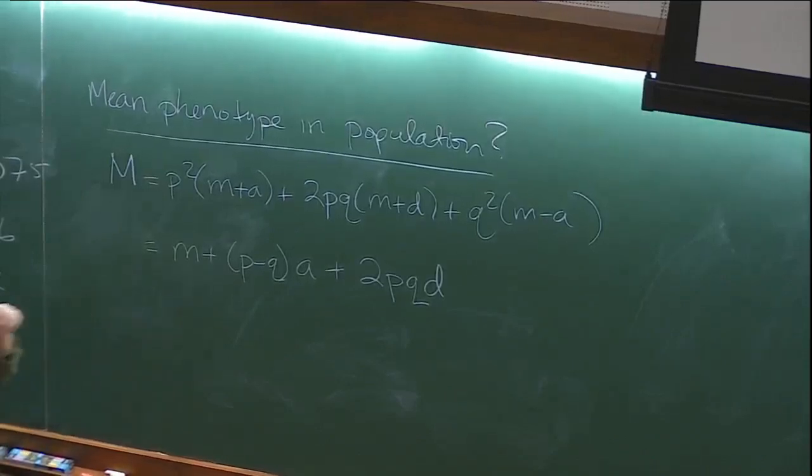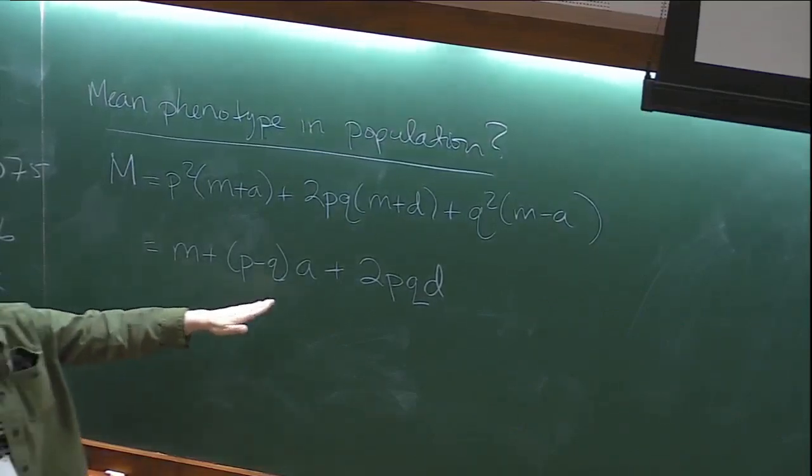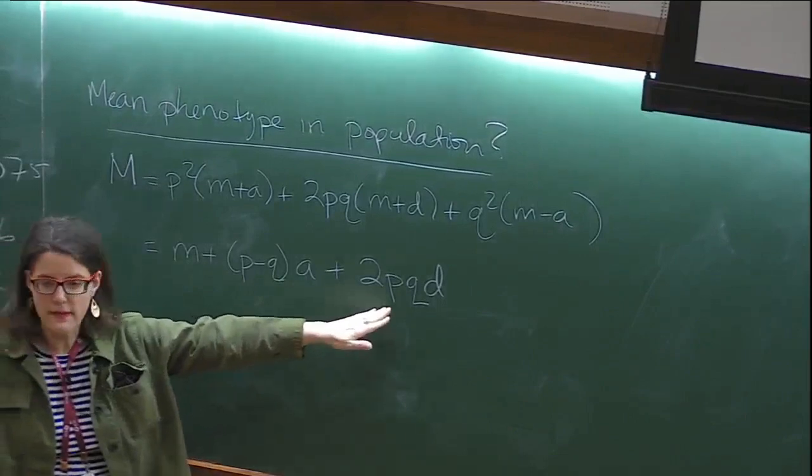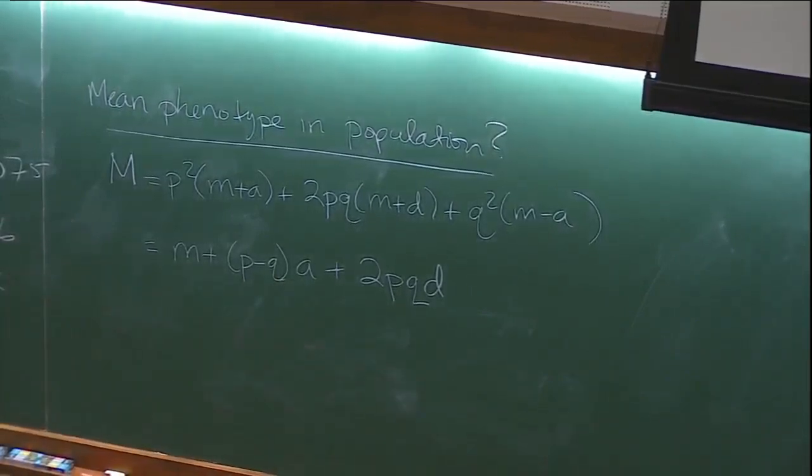It can, but it doesn't. So this writes the mean phenotype of the population in terms of 3 quantities: our reference value, a value that has to do with a, and a value that has to do with d. And so that lets us start to put an interpretation onto a and d.